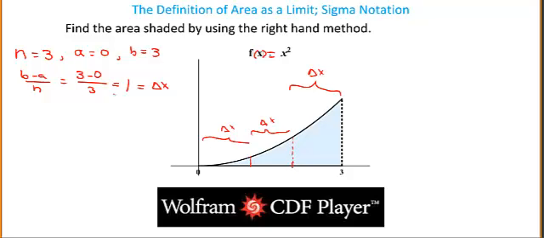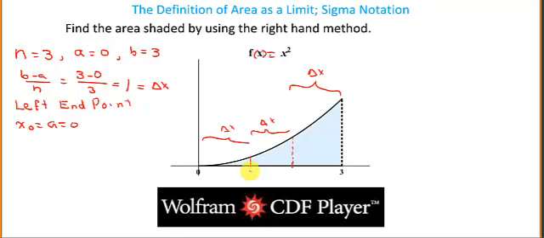Now, in this example I'm going to use the left endpoint to determine the height of the rectangle. By the way, these division points: I would call the first one x sub 0, which is the same thing as a, and that's 0.